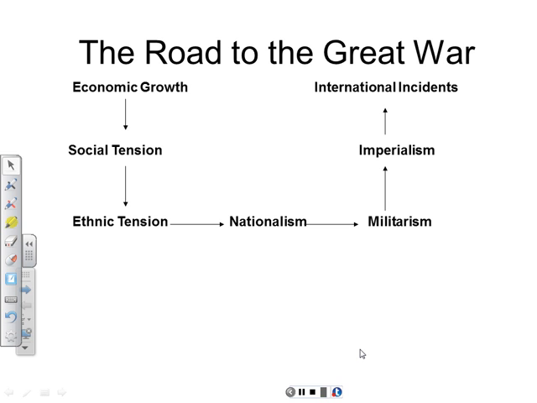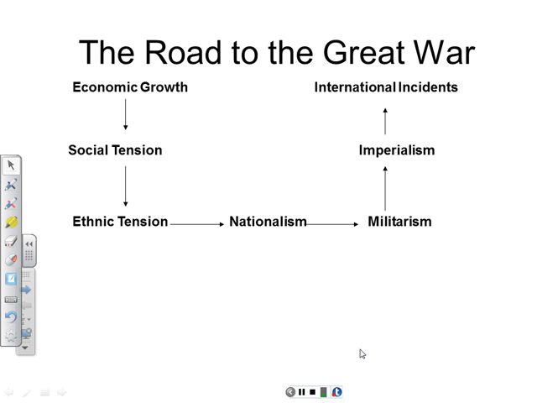And you could also make an argument that the current struggle against radical Islam or Islamicists, the so-called war on terror, could be traced back to the events surrounding World War I, especially the collapse of the Ottoman Empire, which was a direct result of World War I.